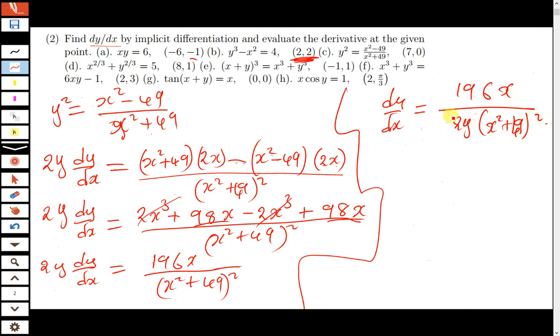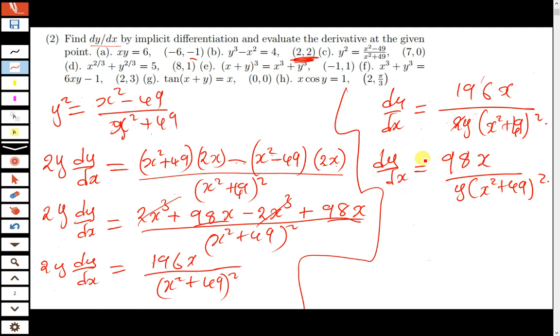So 2 can go into 196 to get dy dx as 98x over y times x squared plus 49 squared.